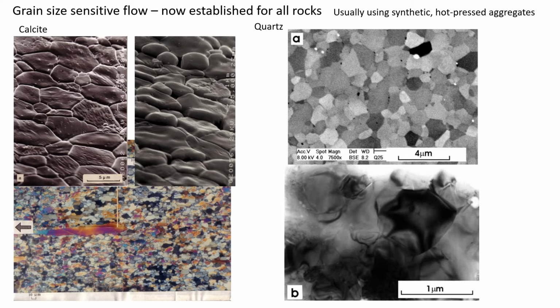In the illustration on this slide, we have calcite and quartz. The top left diagram here shows a surface of very fine calcite grains, which have been heat treated but not deformed. And to the right of that, you see what happens after deformation by grain size sensitive flow.